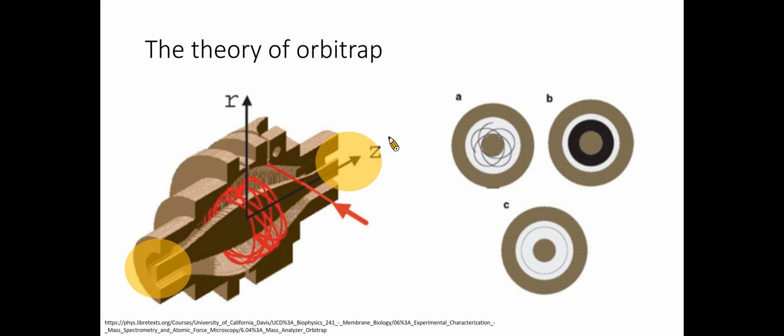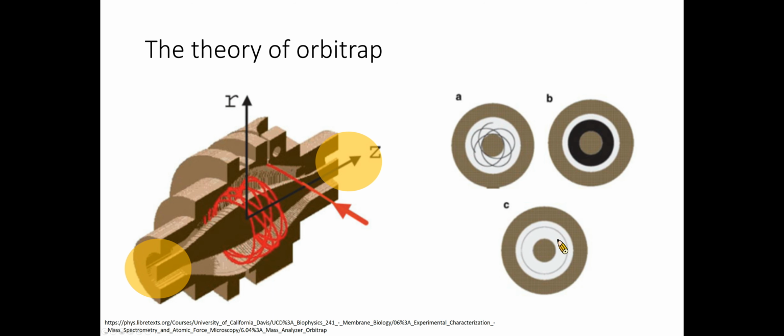As time progresses, hundreds of oscillations become incorporated into the Orbitrap and follow more in-phase circular revolutions, as in panel B. However, if the initial injection of ions resonates with the electrodes, a circular orbit can be obtained from the beginning, like panel C.